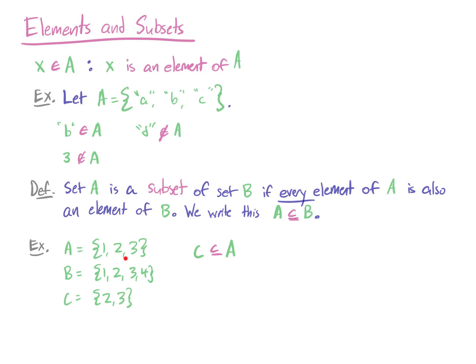If I take a look at A, I'll notice that A has 1, 2, and 3. Those are actually all present in B as well. So again, I can say that A is a subset of B. On the other hand, if I look at A and compare it to C in the other direction, I'll notice that A has a 1, whereas C does not.